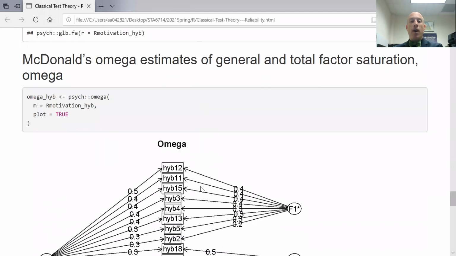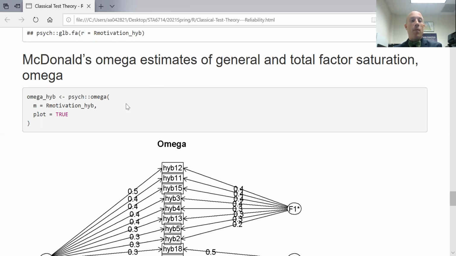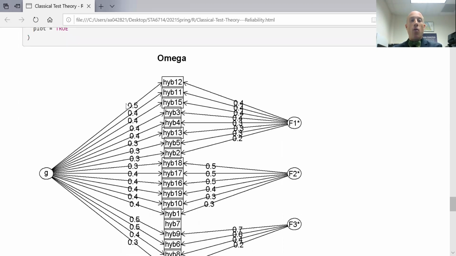Now, another way to get a measurement of reliability is to use factor analysis. And this is where McDonald's omega estimates come into play. It'll calculate the value. Factor analysis is the idea that there are under-the-hood proficiencies that are driving the output that we see.